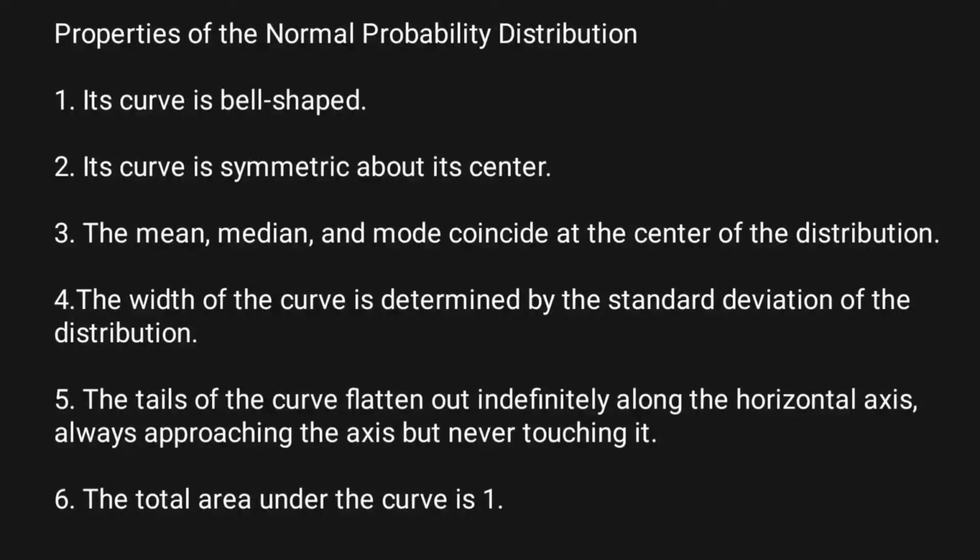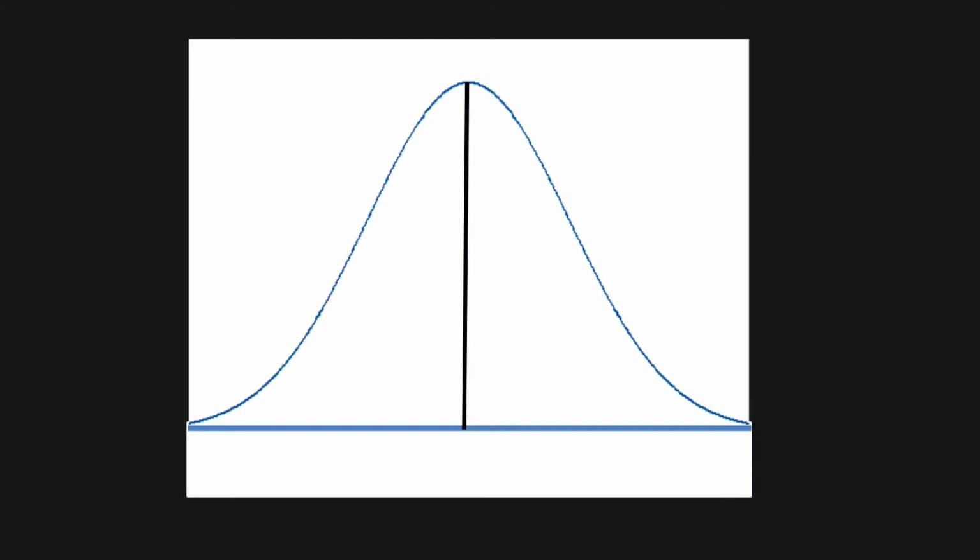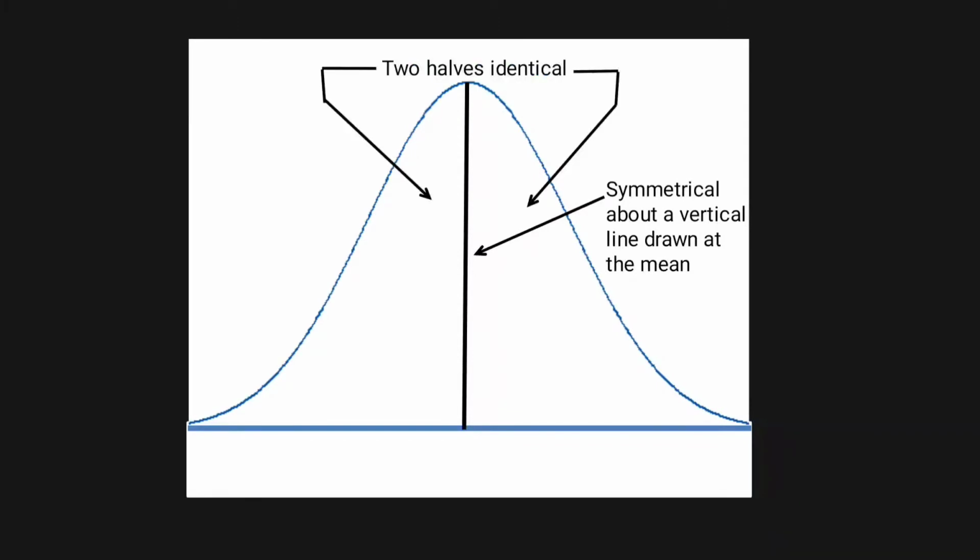Okay, so illustrate natin yung mga properties natin gamit itong normal curve natin. Ayan. So given itong normal curve natin, so we have symmetrical about a vertical line drawn at the mean. Okay, so we have two halves identical. So ibig sabihin, pag finold natin dito sa center natin, sa vertical line, magko-coincide siya.